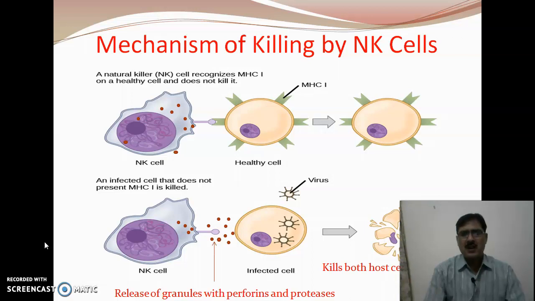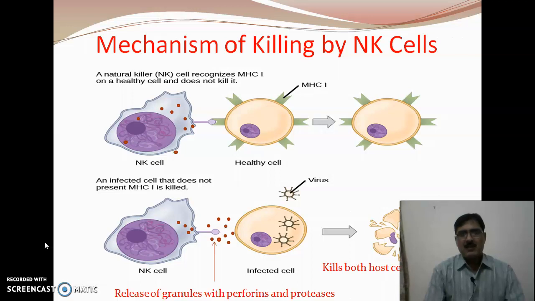Now, in the second case, there is an infected cell that does not present MHC1, meaning major histocompatibility complex class 1, and it is infected. In this diagram, it is depicted through a pathogen virus. The infected cell is infected by a virus, and now this NK cell releases the granules with perforins and proteases.